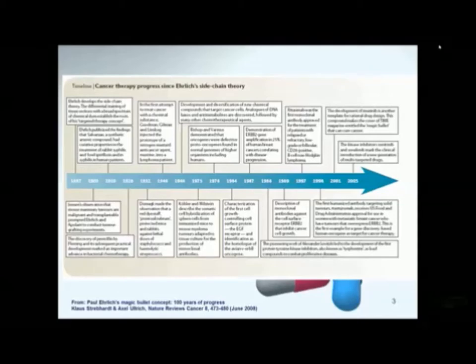But if you look along the timeline, you can see the development from the early days, pre-1900s, when the idea was just forming, and this is when Ehrlich was doing his work, that the interaction between cells and toxins and microorganisms and cells of the immune system or antibodies was to do with chemical interactions between specific sites.